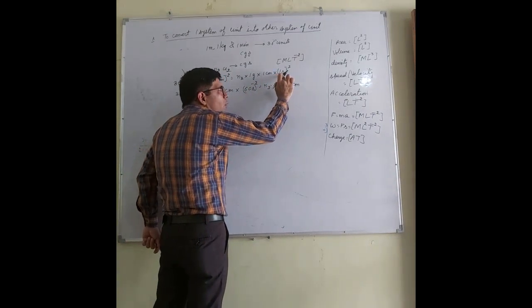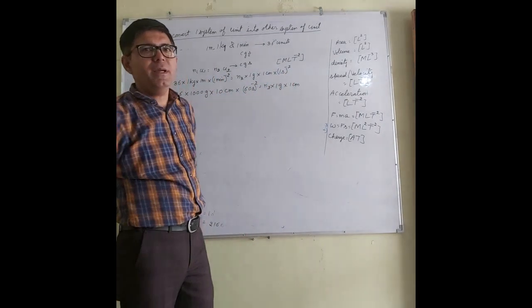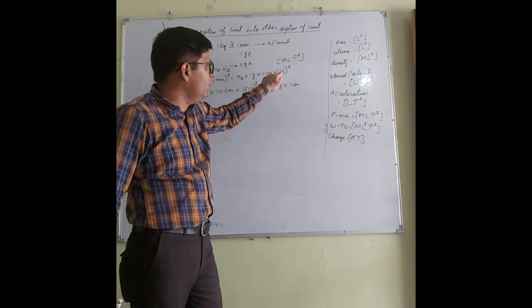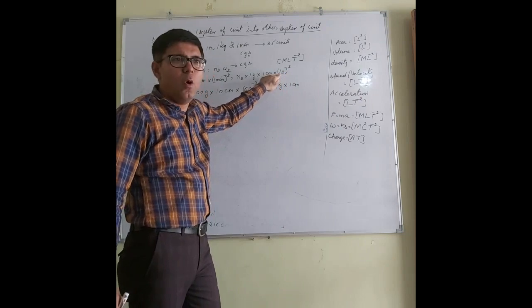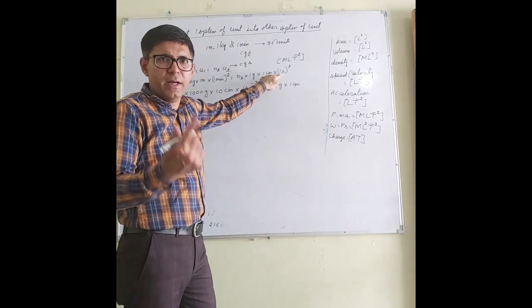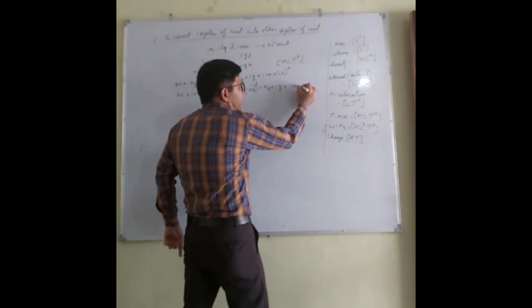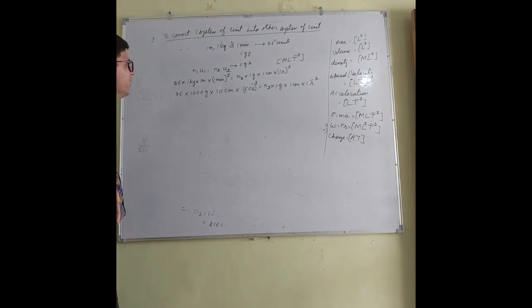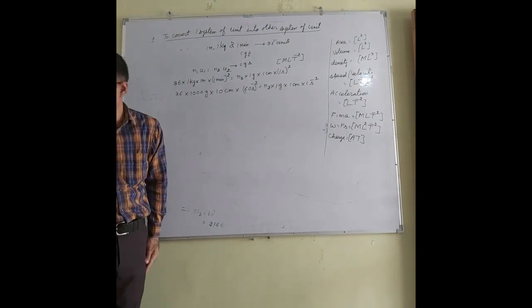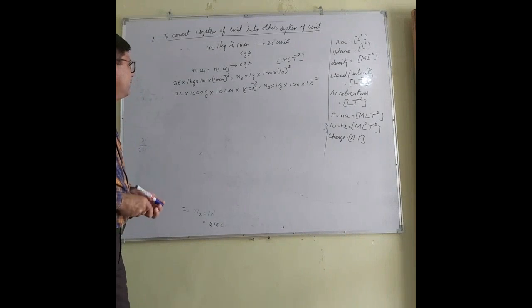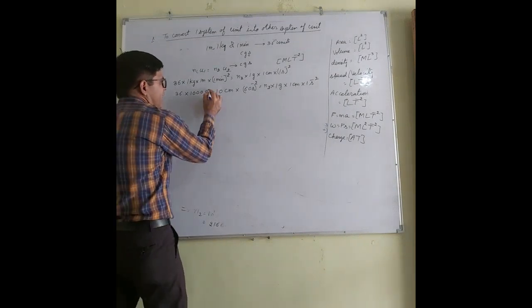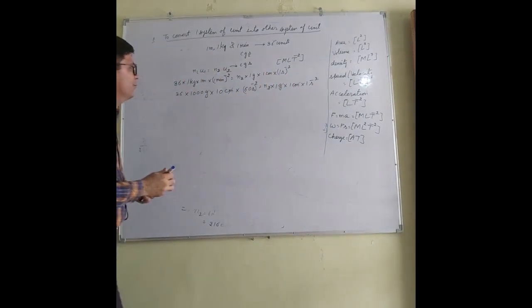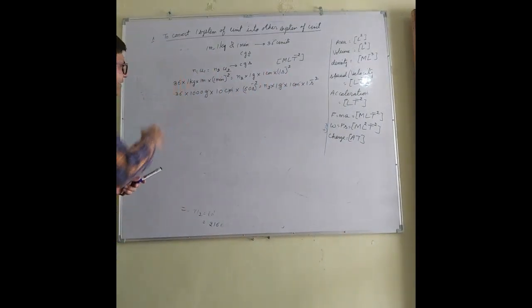If I open this bracket, can you tell me the value of this? 1 second to the power minus 2. If we open this, 1 to the power minus 2 is again 1. So I am writing 1 second to the power minus 2. Look here, cut the common terms. Gram is cancelled, centimeter is cancelled, so only this is left.